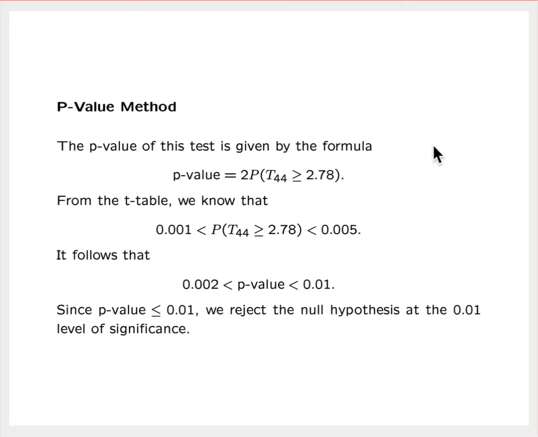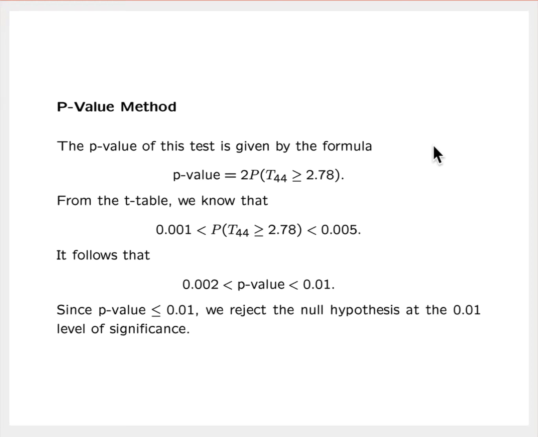Now, let's look at using the p-value method. Remember that because this is a two-tailed test, the p-value is going to be equal to 2 times the probability that a t-random variable with, in this case, 44 degrees of freedom is greater than or equal to 2.78.